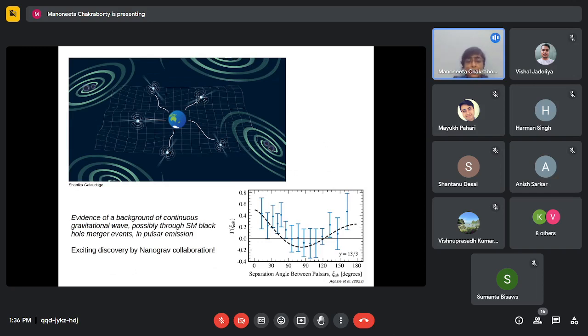That was detected by timing all these pulsars that are all around us. I think IIT Hyderabad is also involved in this effort, and of course, more reason for you to be excited. This is a remarkable discovery, and we hope to see more exciting results coming out of pulsar timing, particularly in regard to the detection of gravitational waves.